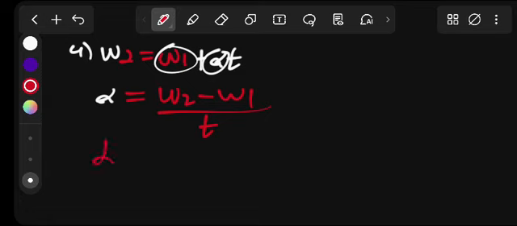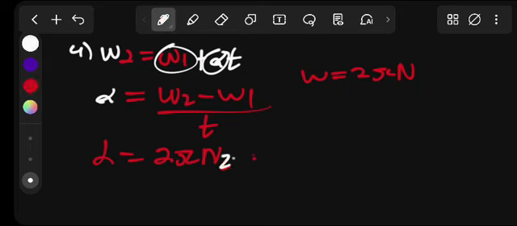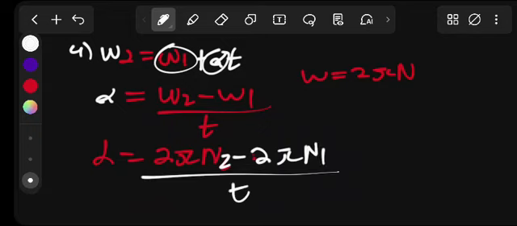Okay, remember angle is given by 2πn. So we have there 2πn2, which must be the final, minus 2πn1 divided by t.